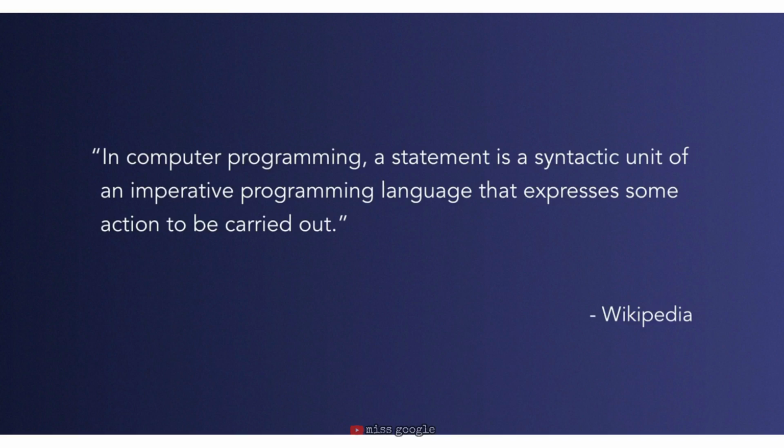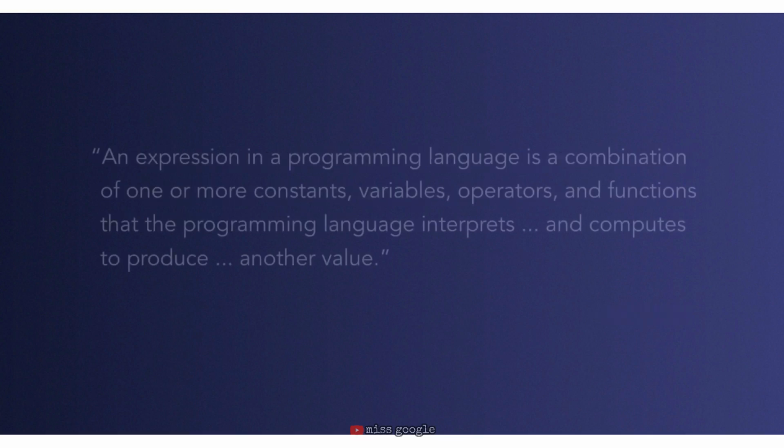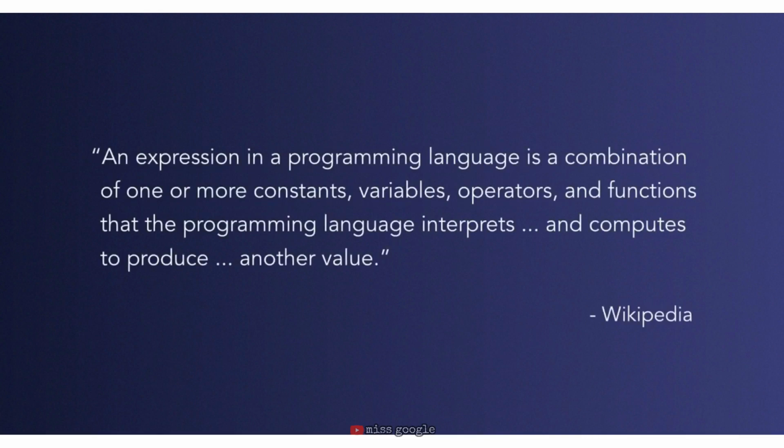In computer programming, a statement is a syntactic unit of an imperative programming language that expresses some action to be carried out. And also from Wikipedia is a definition of an expression. An expression in a programming language is a combination of one or more constants, variables, operators, and functions that the programming language interprets and computes to produce another value.